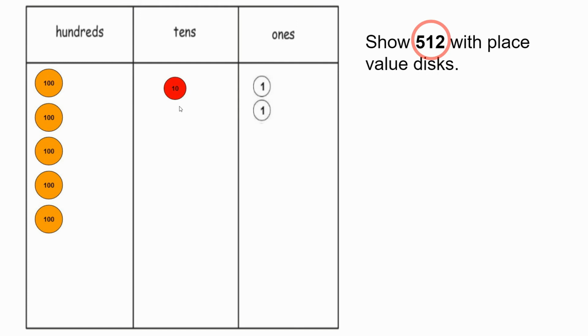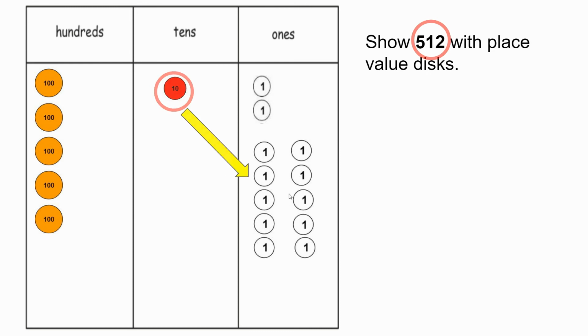Now, let's take this 10 and break it into 10 ones. Now, what do we have? Well, we still have our 5 hundreds, but we no longer have our one group of 10. Instead, we have 12 ones.